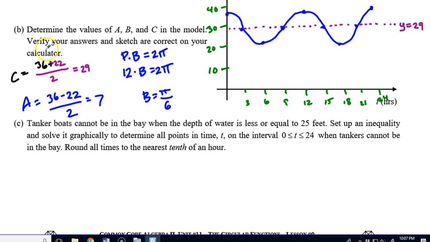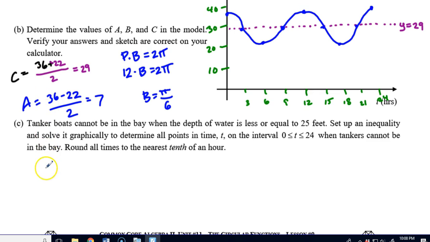The final part about this question involves a context with a tanker boat. So why don't you read this paragraph and then see if you can set up the inequality, which we'll then solve together on the calculator. Okay, so as it says here, tanker boats cannot go in water that is less than or equal to 25 feet. In other words, they must have water that is greater than 25 feet.